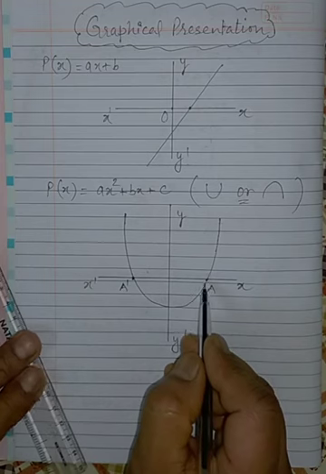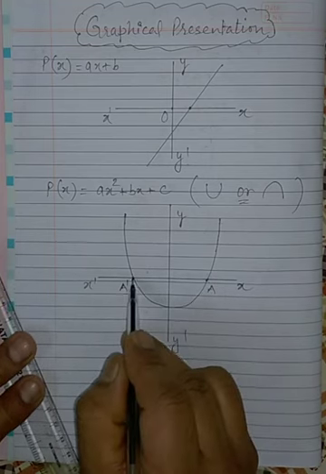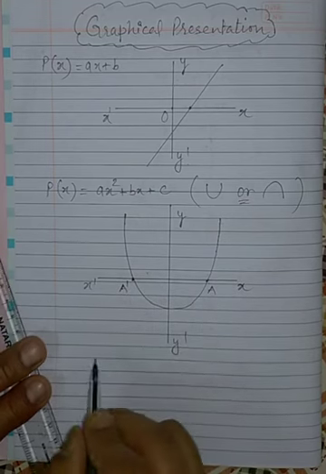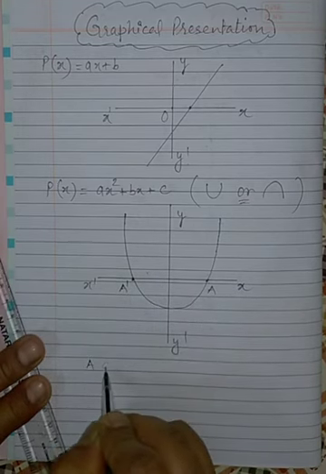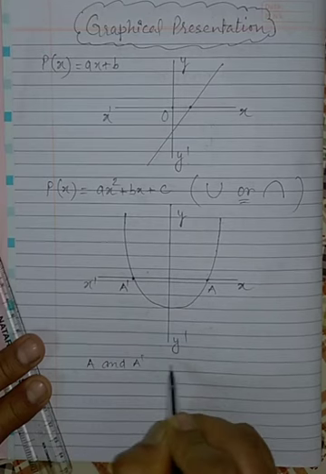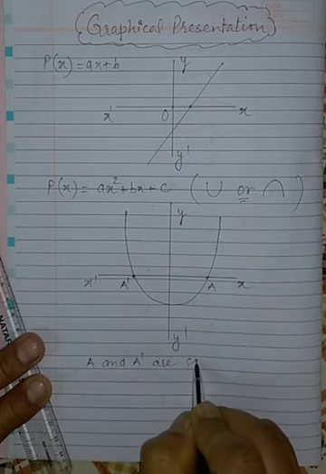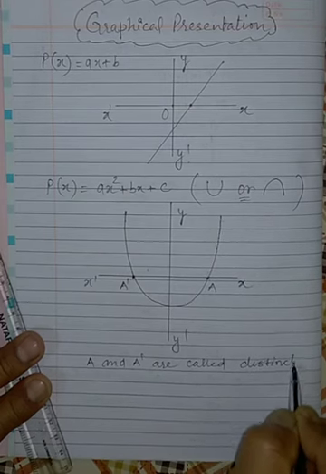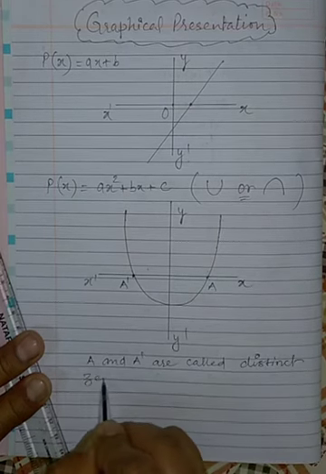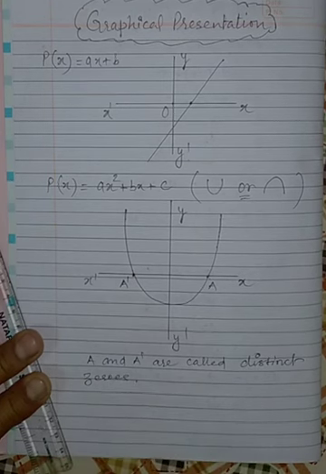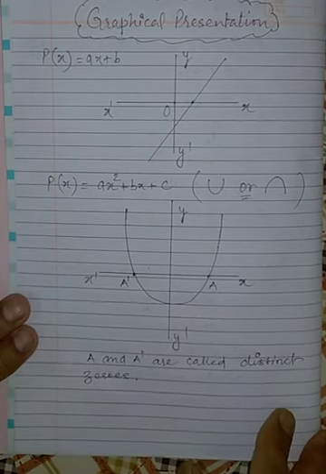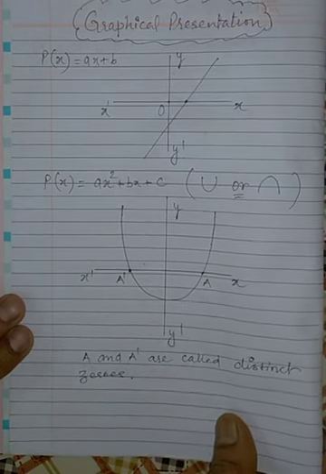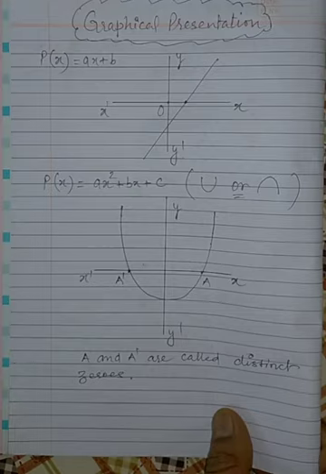Since these values a and a dash are different and far away from each other on the x-axis, a and a dash are called distinct zeros. Okay, let me give you another presentation of the quadratic polynomial.